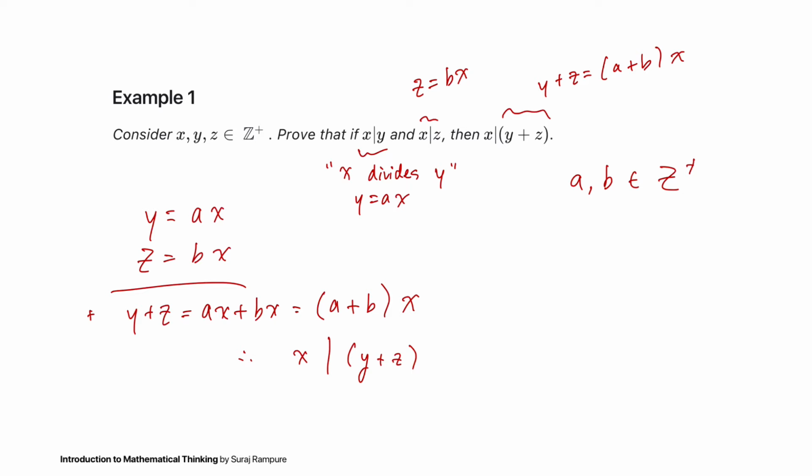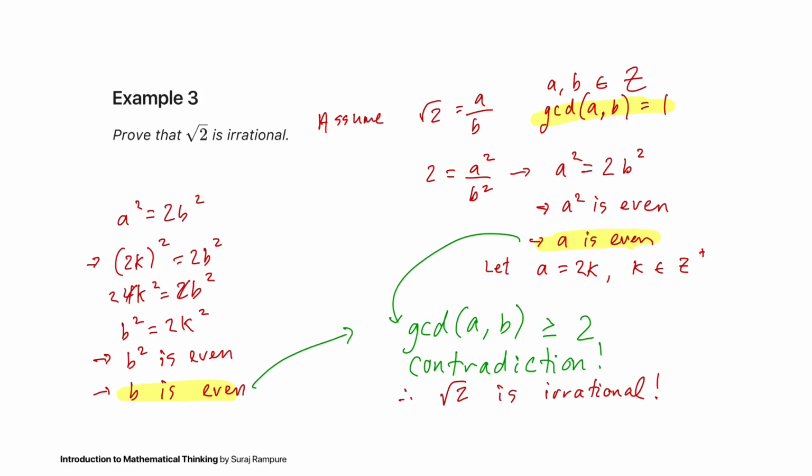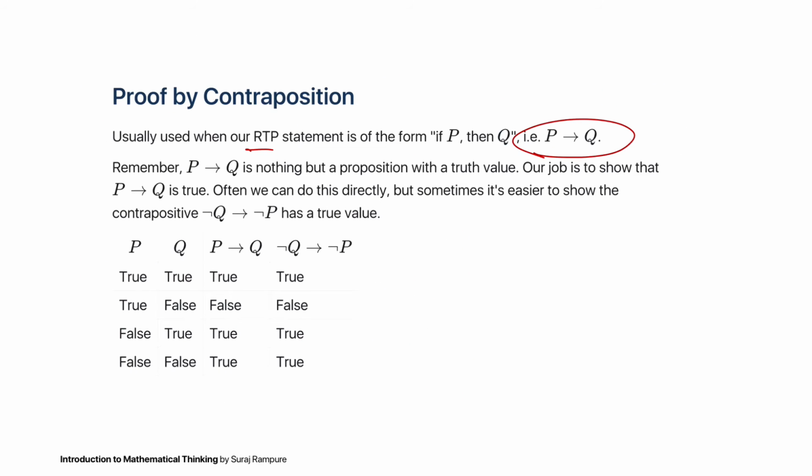They're propositions on their own. So if our question asks us to prove something of the form, if P is true, then Q is true, we want to show that the truth value of this proposition is true. Here we have the truth table for P implies Q and not Q implies not P copied below, which you should probably be familiar with by now.